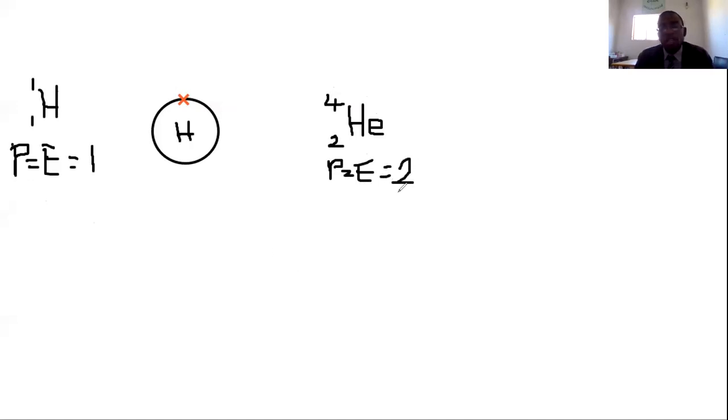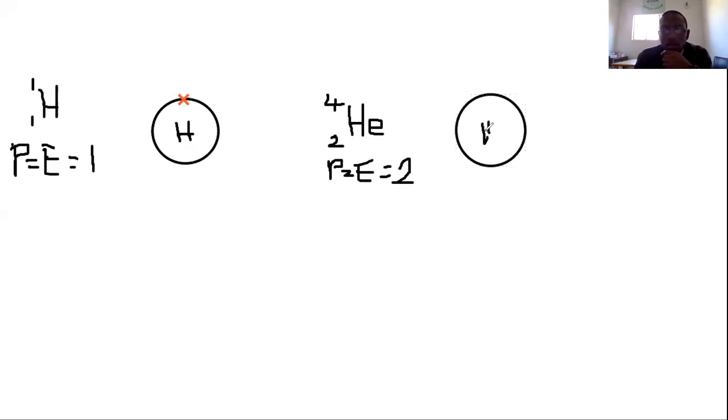So you have 2 electrons. Then we said the first shell holds the maximum of how many electrons? 2 electrons. So the first thing you do, before you go any further, is to write the atomic symbol.